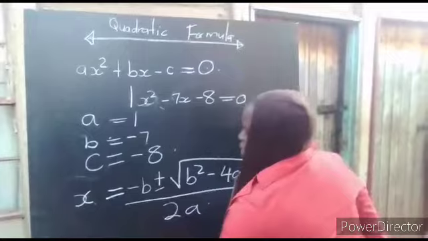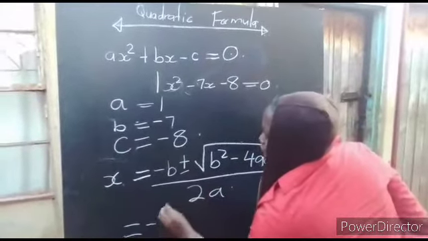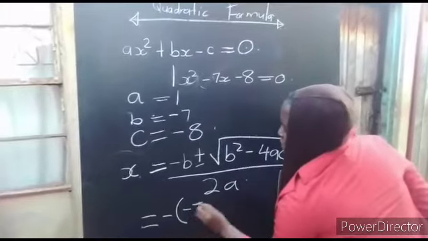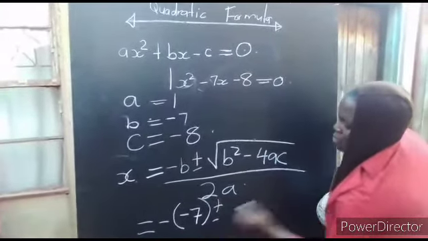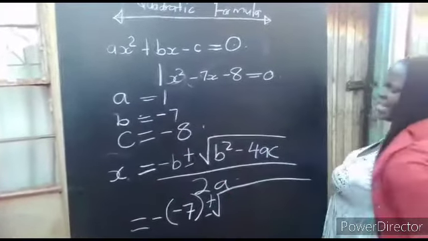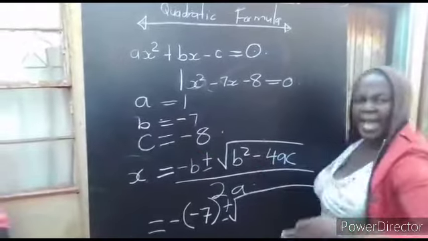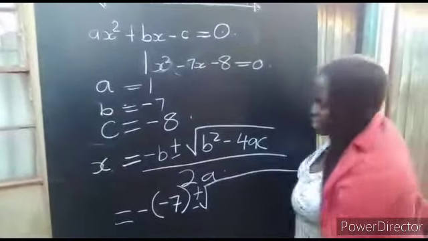So we substitute: minus b, our b is minus 7. Plus or minus the square root of b squared. Any positive or any negative number, when squared, becomes positive.